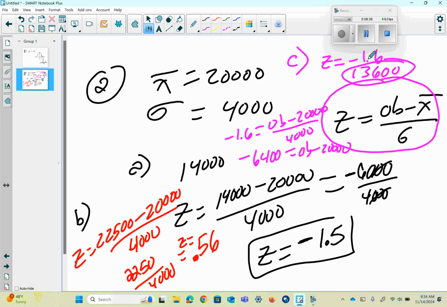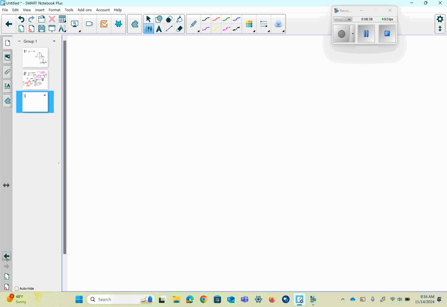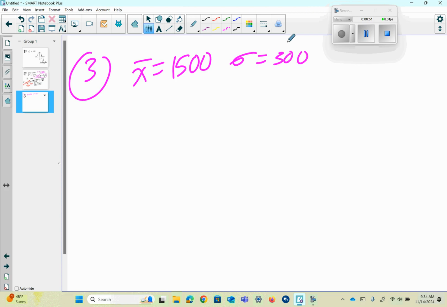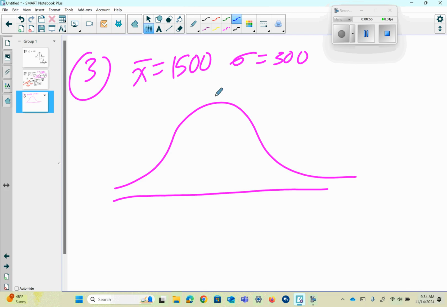All right, so problem number 3, we have a mean of 1,500 and a standard deviation of 300. If we wanted to create our normal distribution, the mean is in the middle.